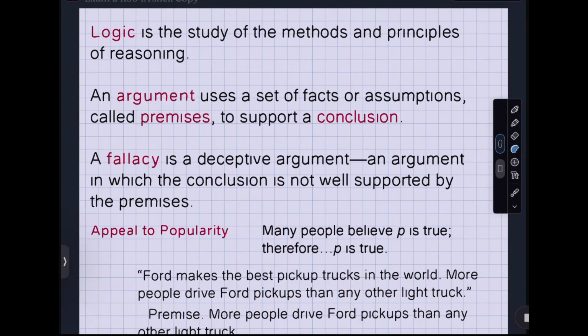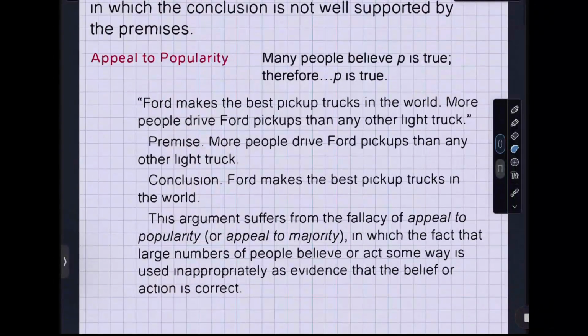So, appeal to popularity, right? Many people believe P is true, therefore P must be true. This example says, well, you guys are young, so back in my day, this was actually true. Well, not true, but this was a commercial, I should say.